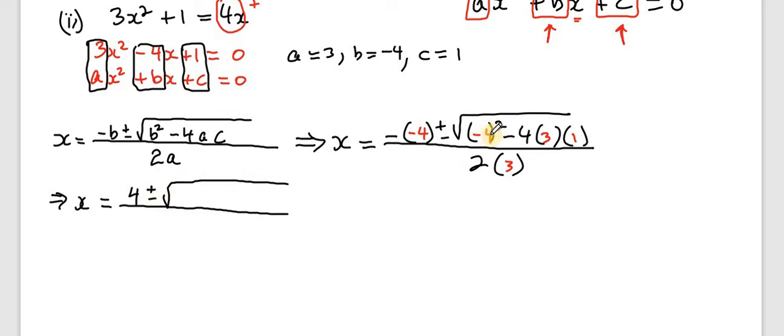What's the square of negative 4? Ensure negative 4 is within the bracket. But by the way, put this entire thing in the calculator, what would you get? 4. The whole answer before? That's what I got. So when you put negative 4 squared minus 4 times 3 times 1, you got 4.